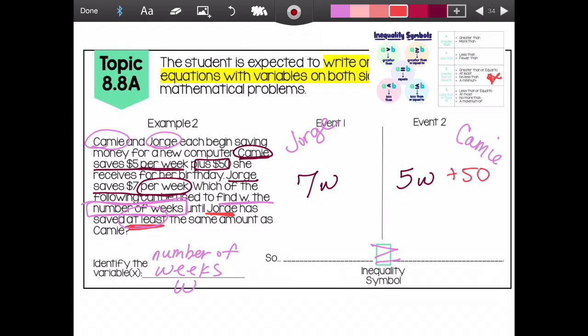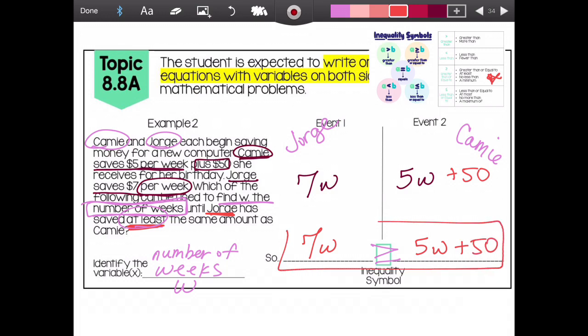All right, so then we just bring this down here. 7W is, again, at least, greater than or equal to, that's what that means, 5W plus 50. So the question itself, guys, is super important as to how we're going to compare either the 2 companies or the 2 people.